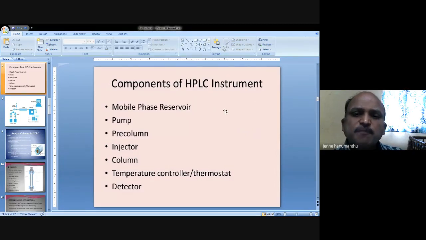So what are the components available in this? Generally, the mobile phase is a reservoir, for example a water reservoir.